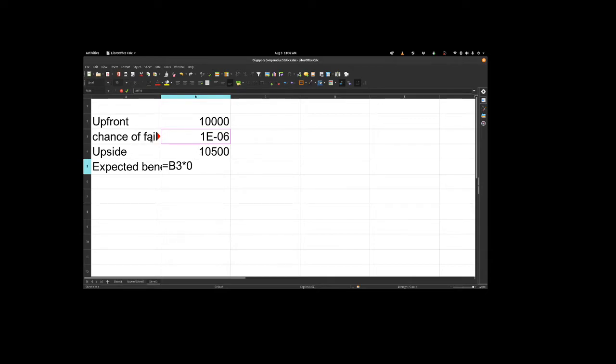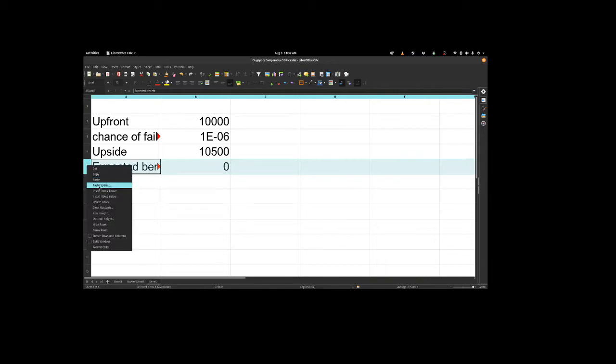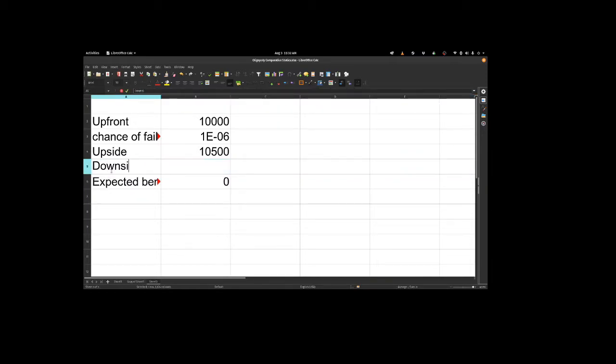That's what we get. Actually, let's make an explicit row. Let's call this the downside. And let's make this times this cell. Cool. So the downside is 0. If he fails, we get absolutely nothing. But if he succeeds, we get $10,500.